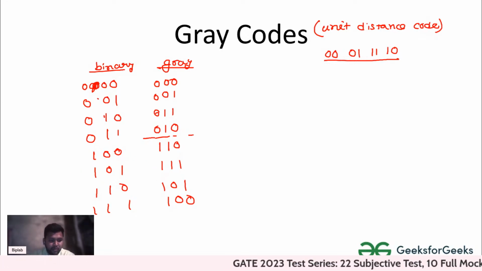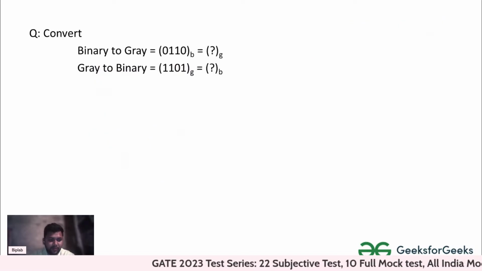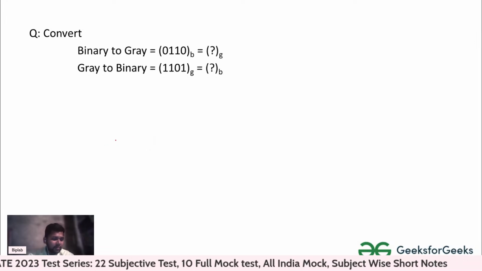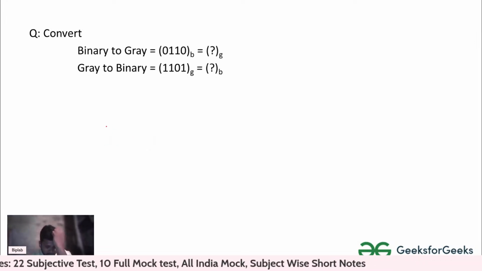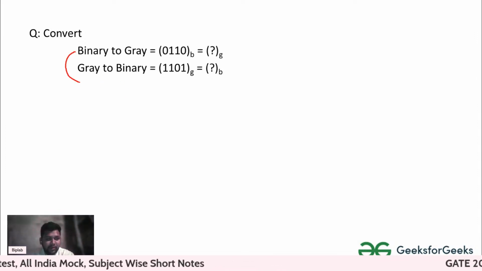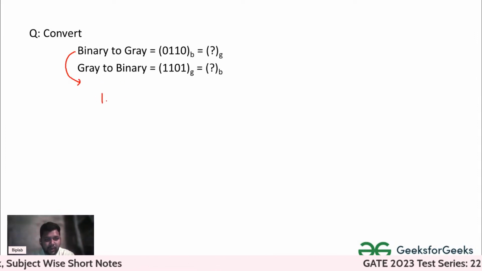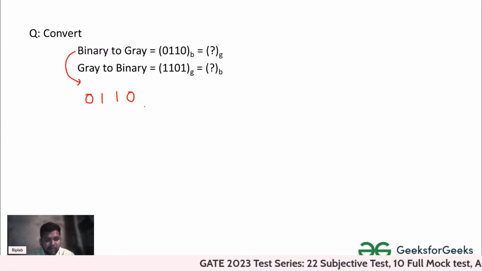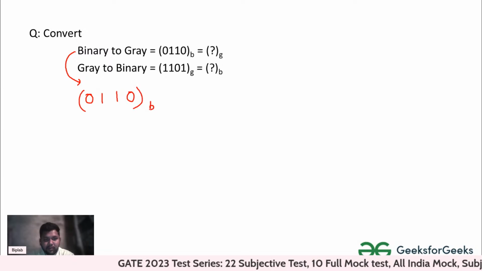So let's go to some numericals. Here we will also learn a formula for how you can do it. Let's do binary to gray first. It is 0, 1, 1, 0, given in binary.